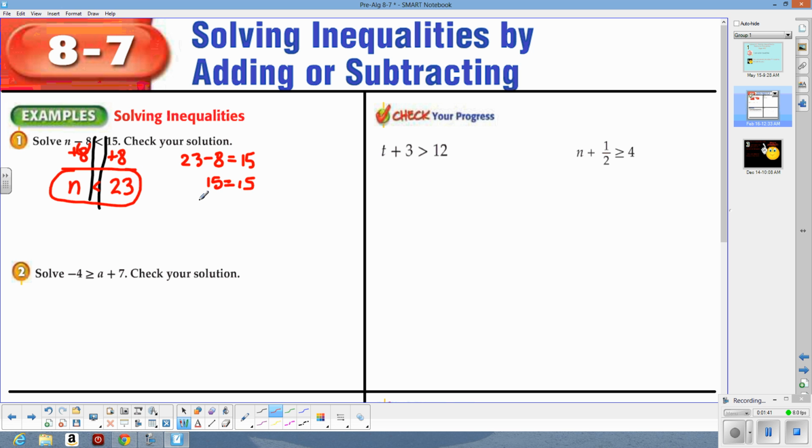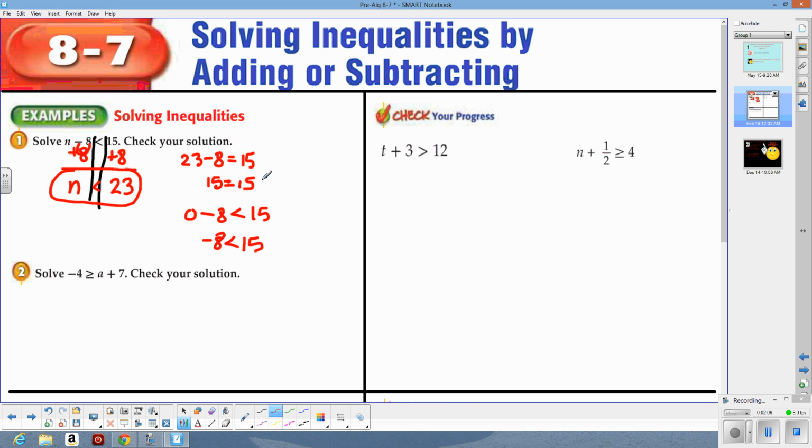And then the second thing I would check is I would choose a number less than 23. Maybe 0. That's an easy one to check. 0 is less than 23. If I plug in 0, is 0 minus 8 less than 15? Well, 0 minus 8 is negative 8, and negative 8 is less than 15.